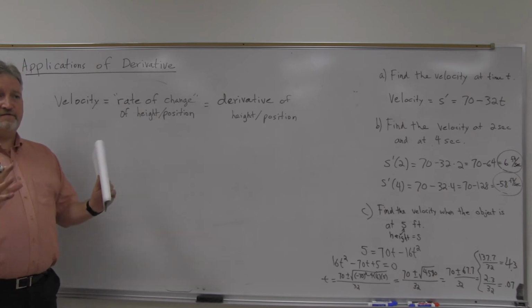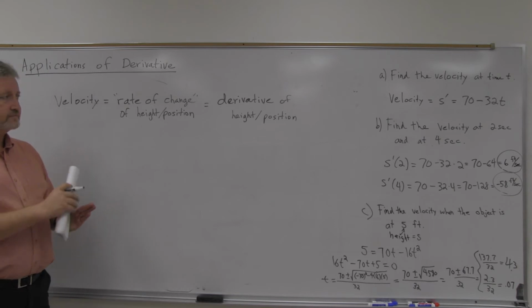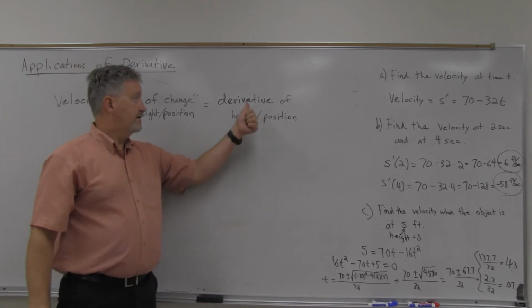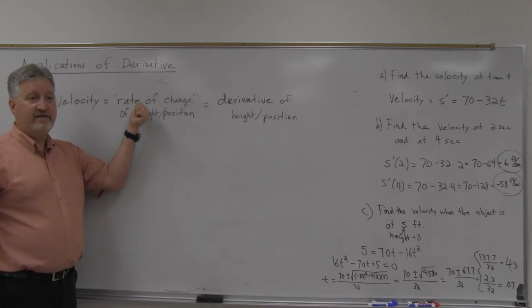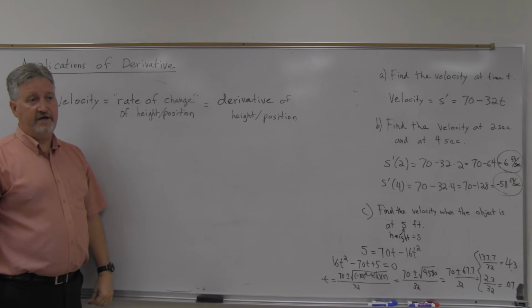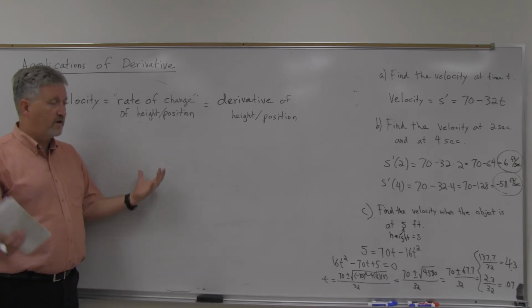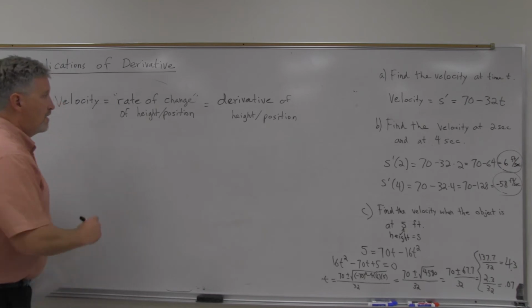So the derivative not only can be applied to this velocity setup, but you can take any kind of function and do the derivative, and it's going to be what's called the rate of change of your function, whatever it defines, okay?